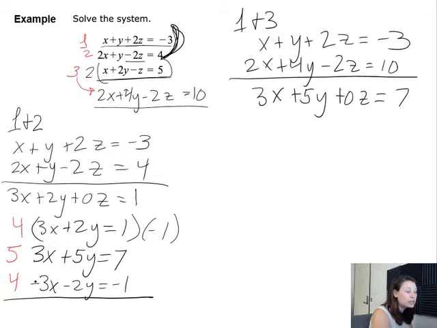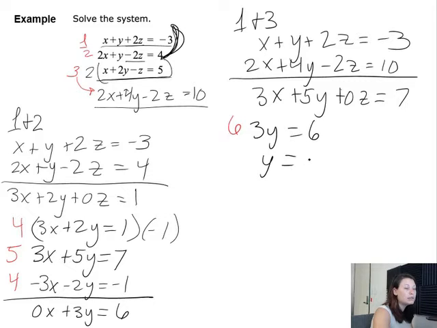Let's add those down, and we get 0x plus 3y is equal to 6. This is our 6th equation, 3y is equal to 6.